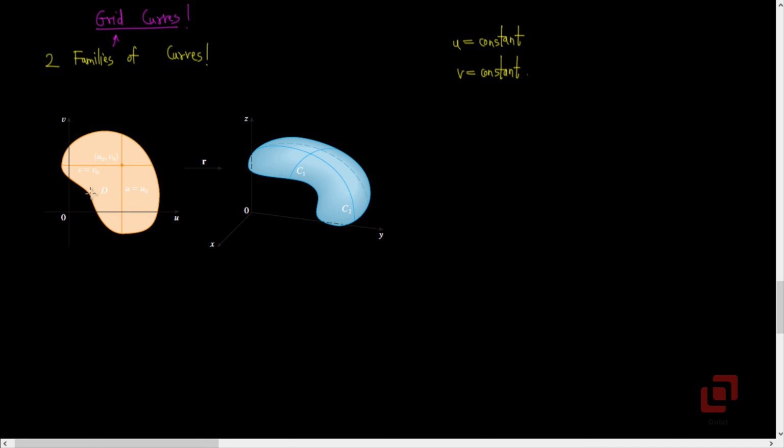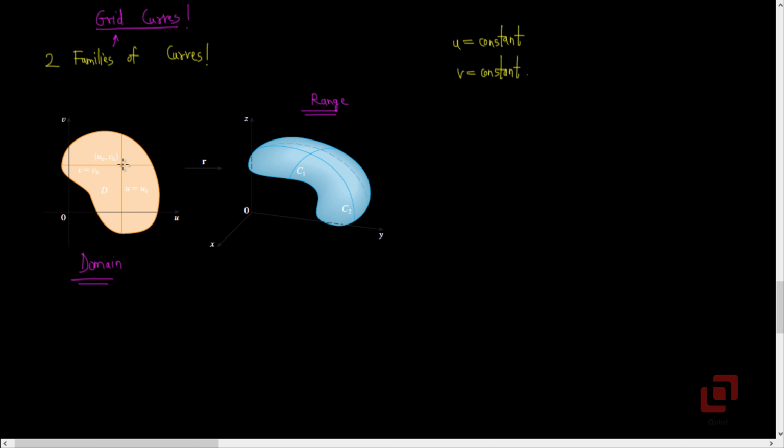In this figure here, the orange colored surface, which is a part of the uv plane, is the domain of the surface. Each point inside this domain is being mapped to the corresponding point in the three-dimensional space. So the blue surface here is the range.